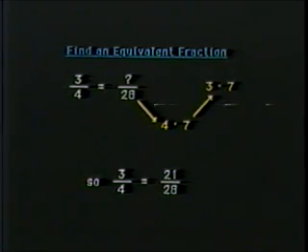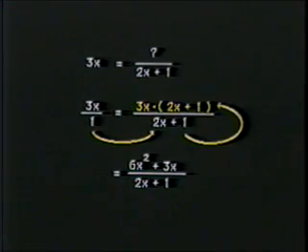Sometimes this kind of problem might look like this, and you'll have to start with something like that 3x that doesn't look like a fraction at all. But remember, 3x is really 3x over 1. You can write it as a fraction that way. And just as before, we want to find what was used to multiply the old denominator, in this case 1, to produce the new denominator, 2x plus 1.